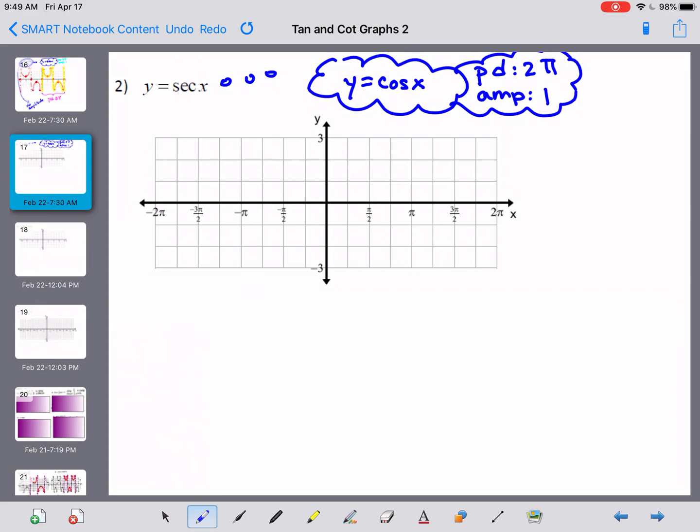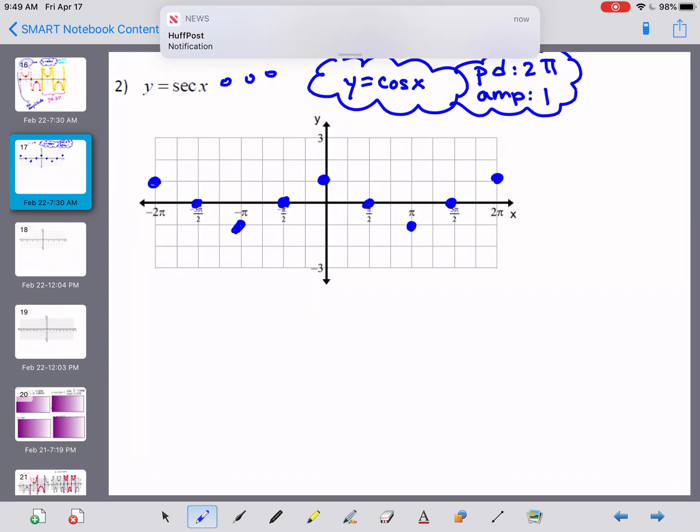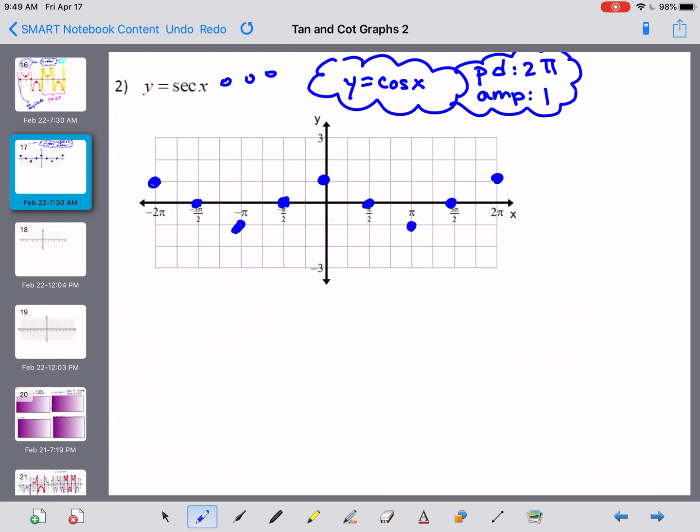Okay, so I'm going to graph cosine. It's the parent function, so I should be fast at this. If you want to connect those dots, you can with a dashed line, right? And then here we go.